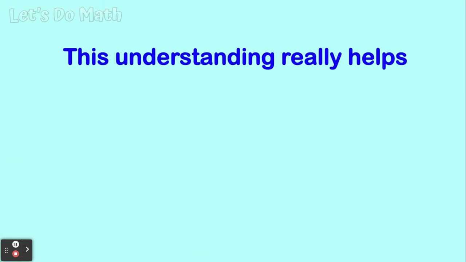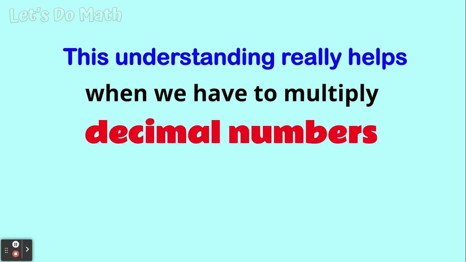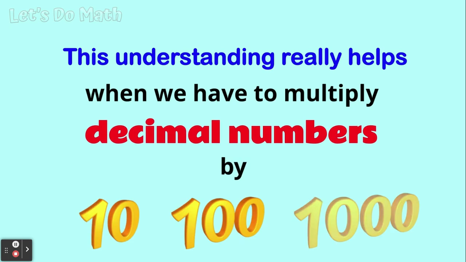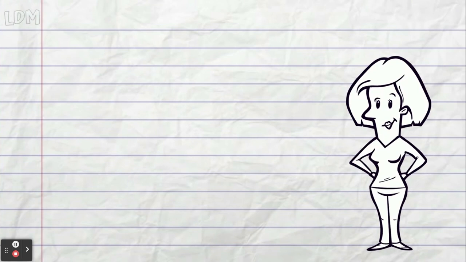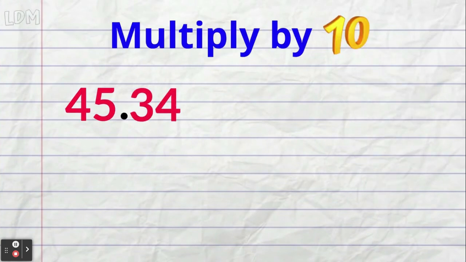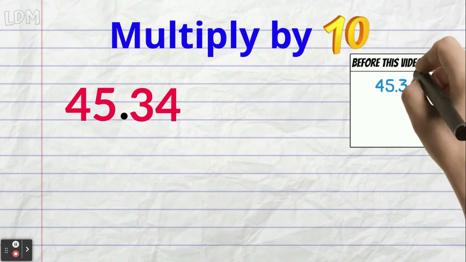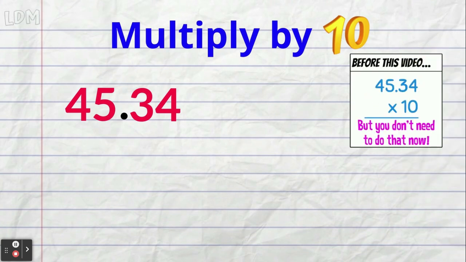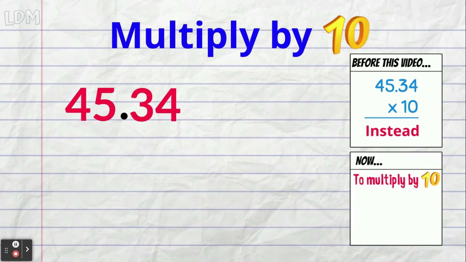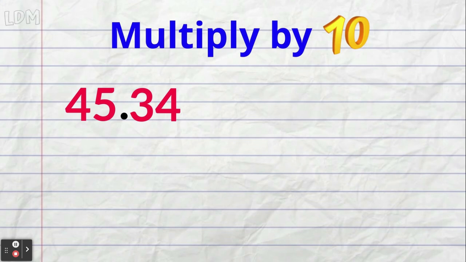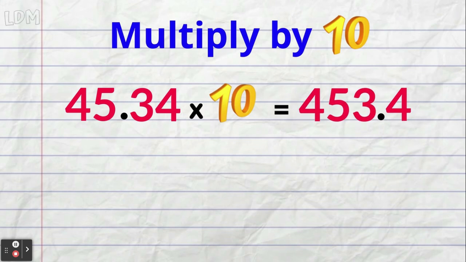This understanding really helps when we have to multiply decimal numbers by 10 or 100 or 1000. Let's say I have the problem 45.34 and we've got to multiply it by 10. Before this video, you might have just set it up and worked out a multiplication problem. But you don't need to do that now, do you? Instead, now you know that to multiply by 10, you can move the decimal point one place to the right. So 45.34 times 10 is 453.4.